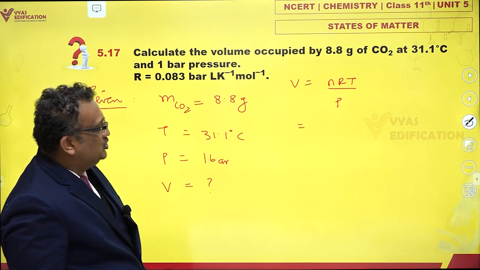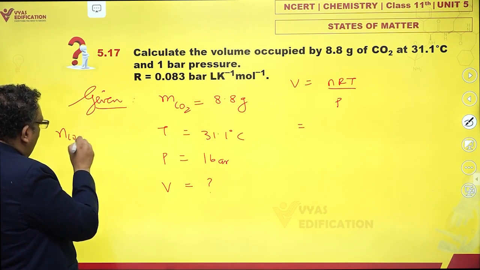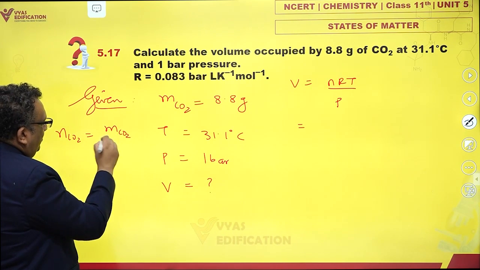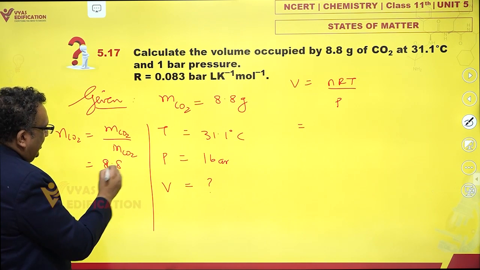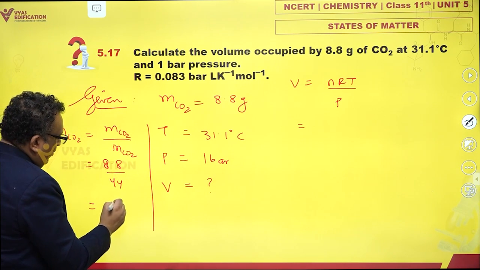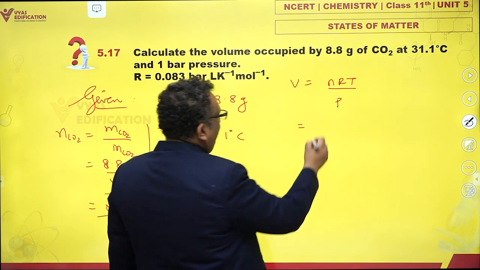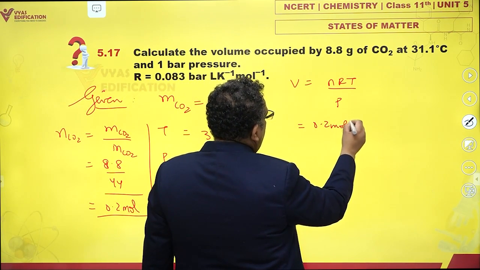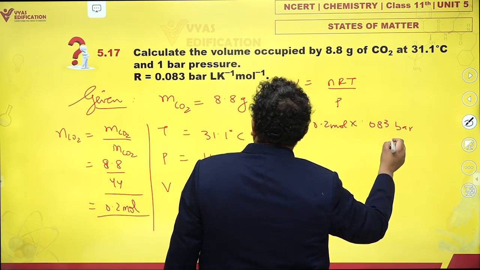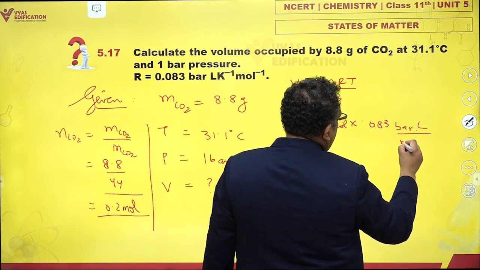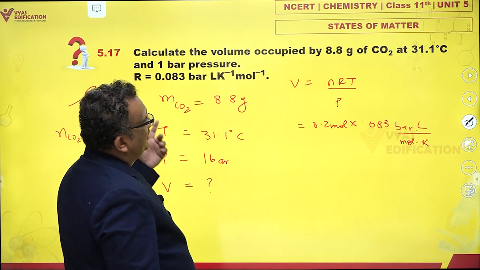Moles, how many moles do you have? 8.8 grams. Now moles of CO2 is mass of CO2 by molar mass of CO2, which is 8.8 upon 44, which is 0.2 moles. So I have 0.2 moles into R, 0.083 bar liter per mole Kelvin into temperature. How much is temperature?